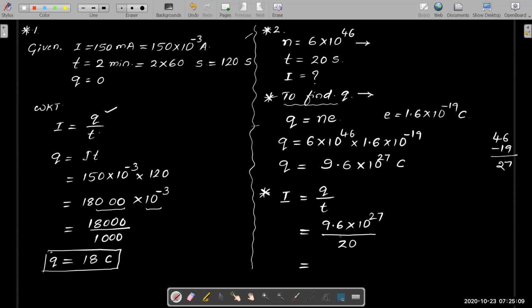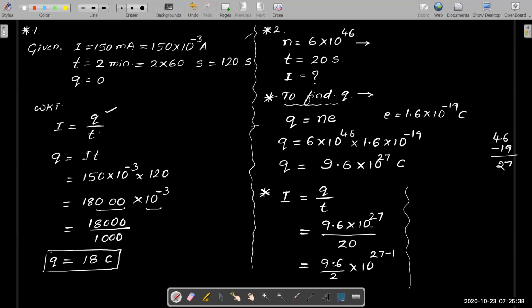Now just divide. This 0 can be adjusted with 27, and 9.6 can be divided by 2. So it becomes 9.6 divided by 2 into 10 raised to 27 minus 1. Because only one zero is there, one zero is made less here.